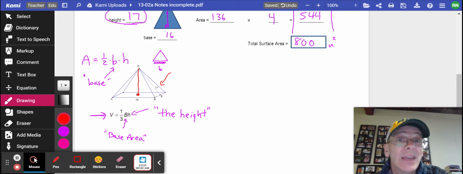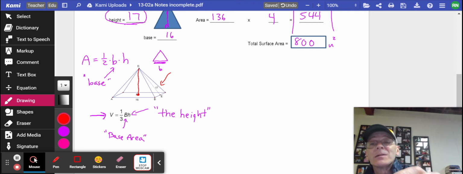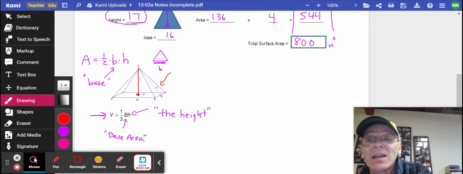And yet, there's enough information in this picture for us to find that height and then calculate the volume using that height. So how are we going to find that height? Well, I might let you think about it and suggest some ideas if we were in class, but we're not, so I'm just going to have to tell you.